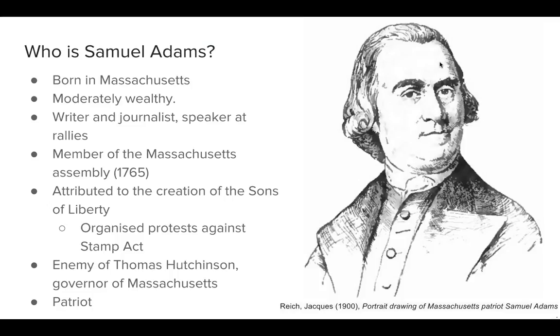He's a member of the Massachusetts Assembly, so he's involved in politics, and he's been attributed by historians to be the creator of the Sons of Liberty. Like he was one of the guys who organized the protests against the Stamp Act in the first place. He's an enemy of Thomas Hutchinson, who's the governor of Massachusetts.